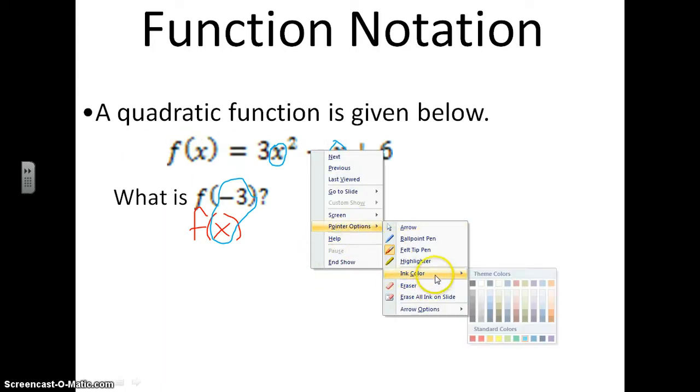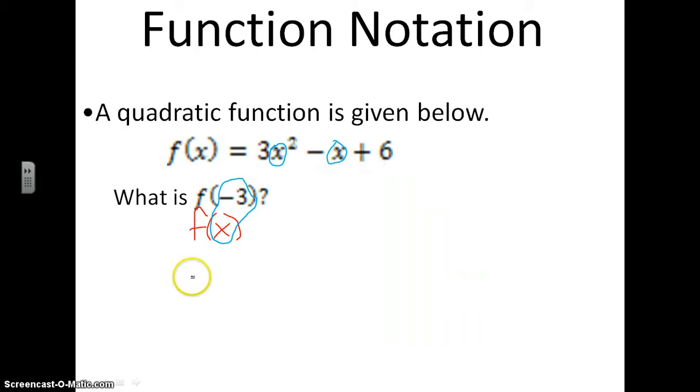So when I write this, I'm going to have 3 parentheses because I'm substituting in, and I'm going to substitute in negative 3 for my x. Okay, so there's where my negative 3 came in. Squared minus, and then parentheses because I'm substituting in again for x.